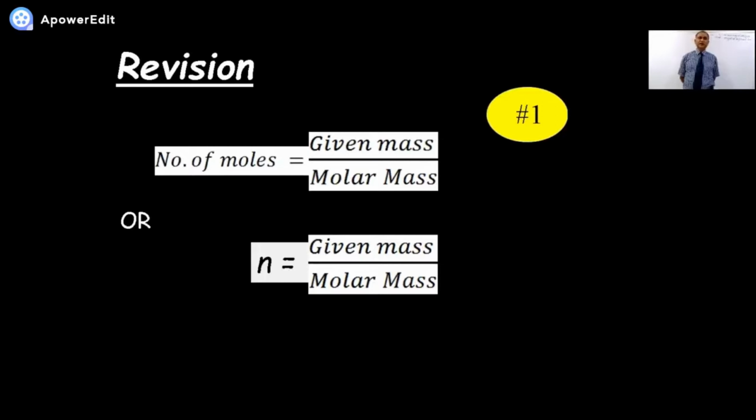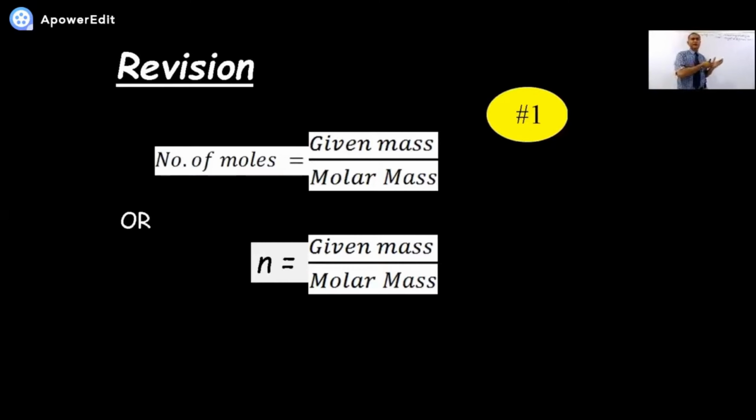Okay? And then another topic. What is that topic? The topic is Avogadro number. If you take 1 mole of any substance, like we did yesterday, I brought here 1 mole of water, means 18 gram of water.